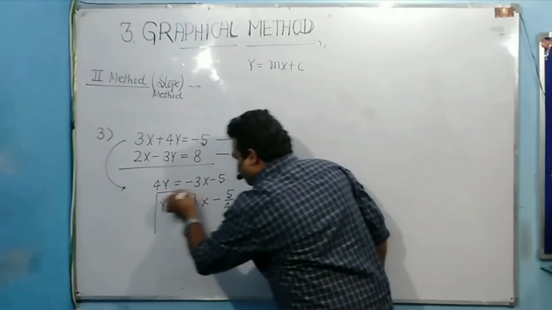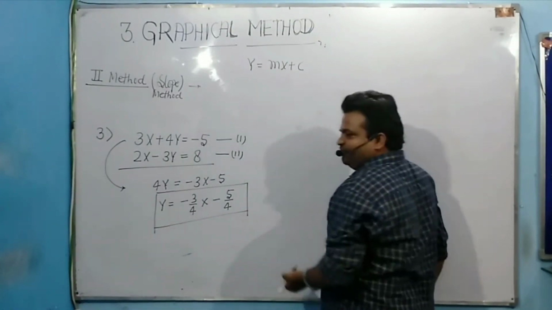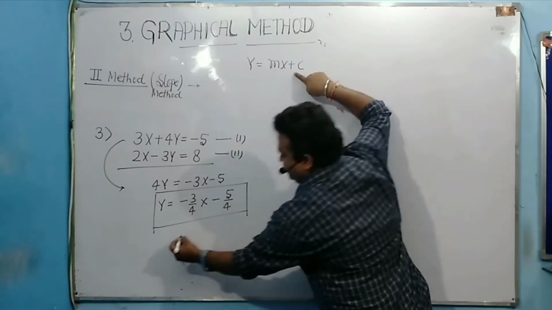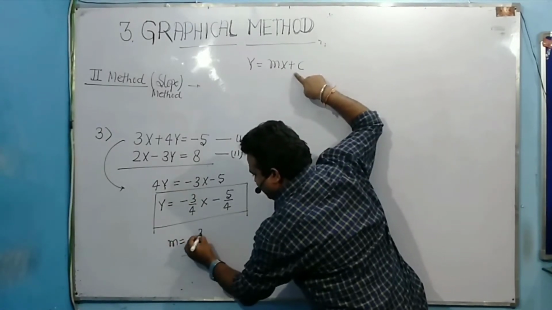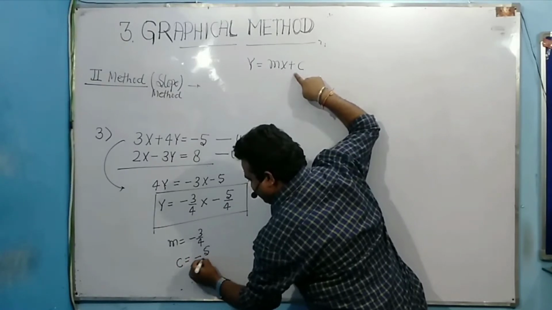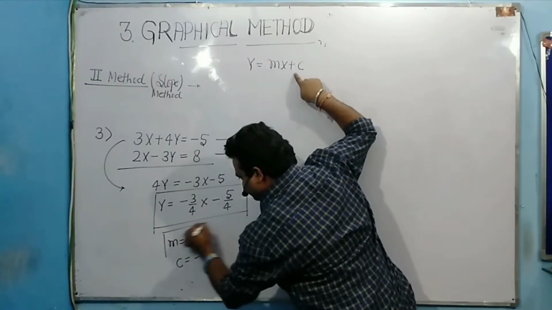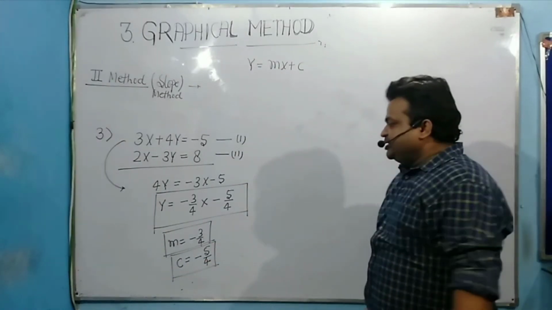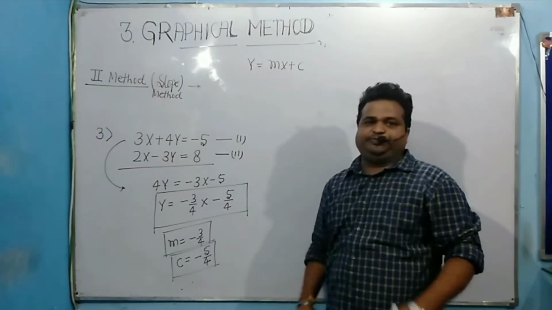Now in this equation, what is my m value? If you compare this equation with this, you will get m is equal to minus 3 by 4. And what is your c value? C value is minus 5 by 4. Now this is the value of m and c.